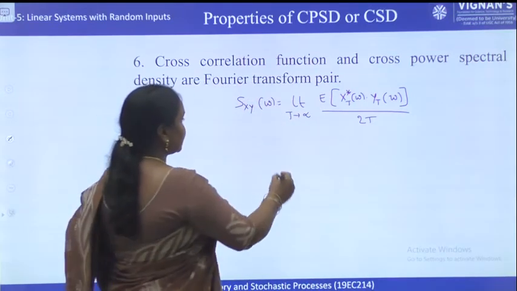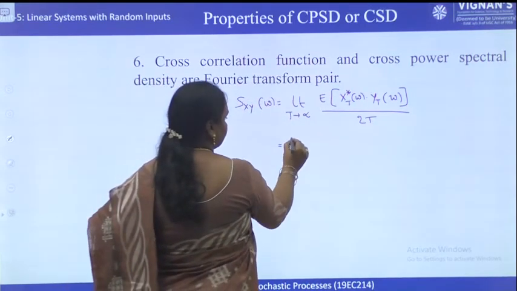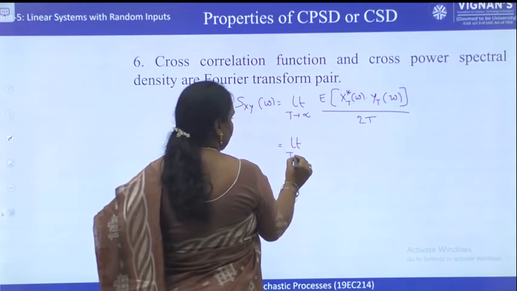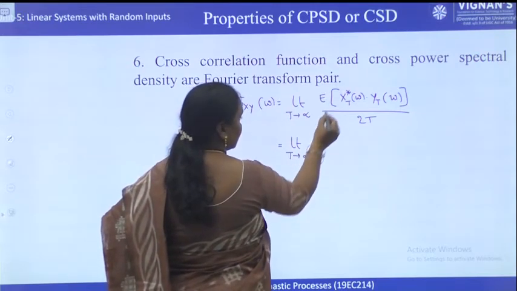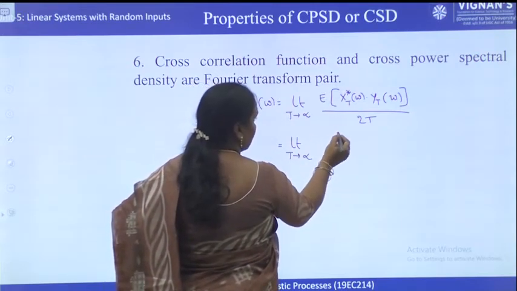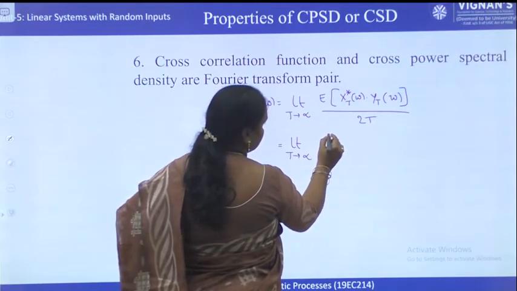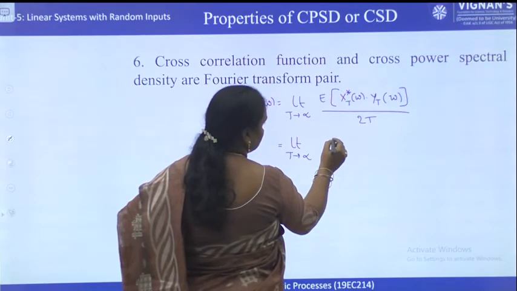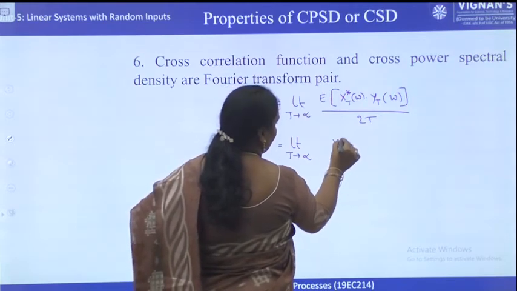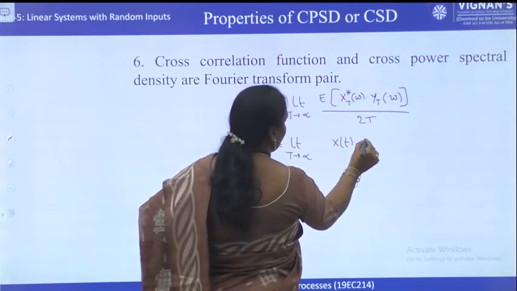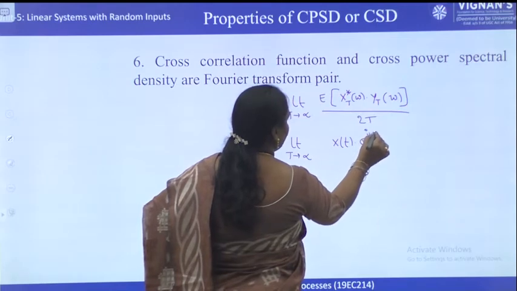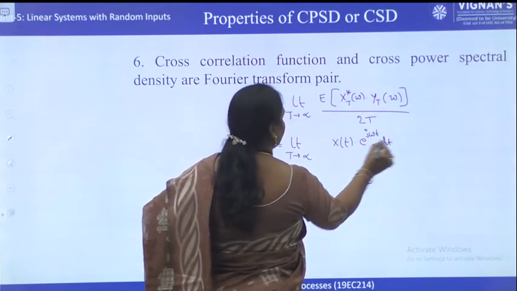So what is X T star of omega? Limit T tends to infinity, integral minus infinity to infinity x of t into e power j omega t dt.